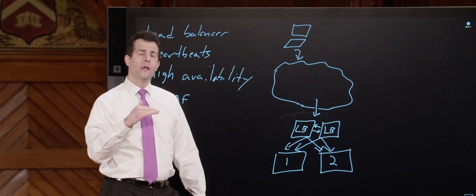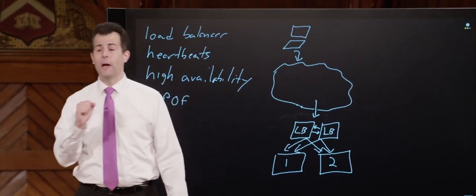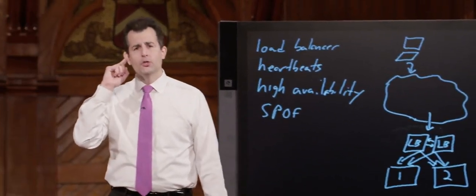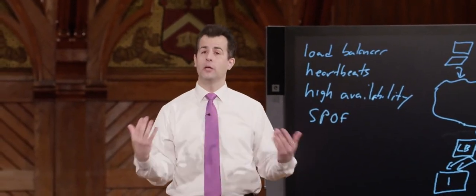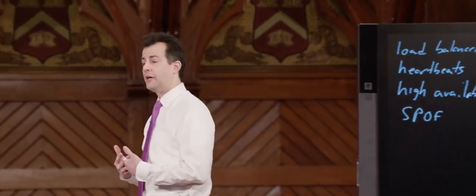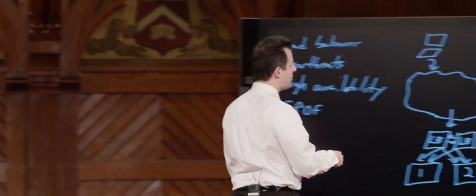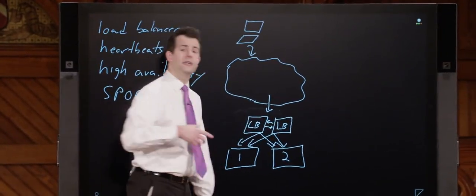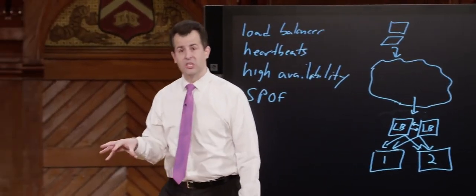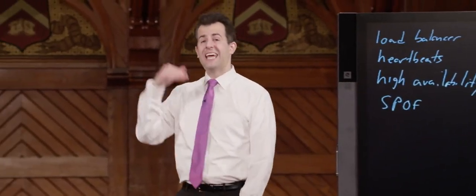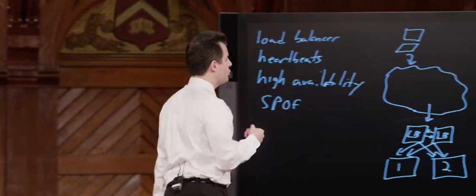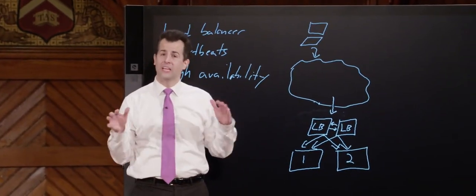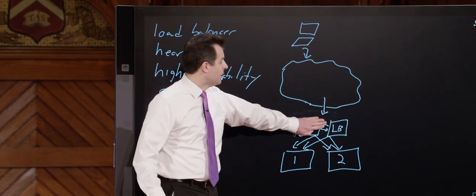But if the other load balancer no longer hears from that primary load balancer, because of the heartbeats that are ideally both being emitted in both directions so that they can both be assured of the other's uptime, if the secondary load balancer stops hearing the primary load balancer, the secondary load balancer can just presumptuously reconfigure itself to take on that one and only IP address, effectively assuming that the first load balancer is not going to be responding to any traffic anyway, and the second load balancer can simply take on the entire load itself.